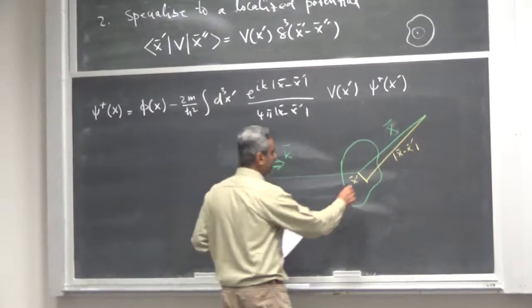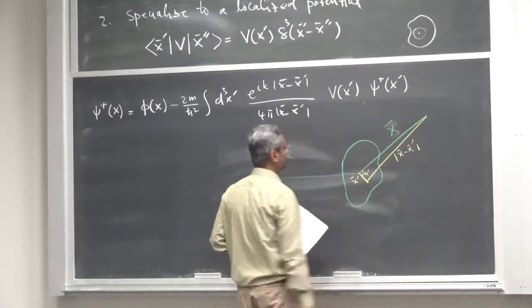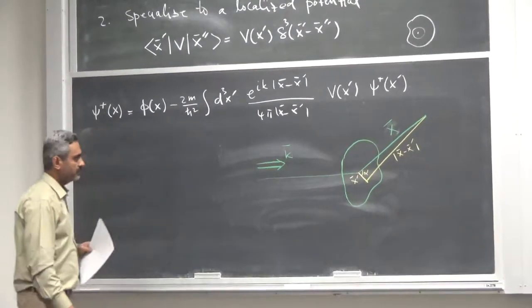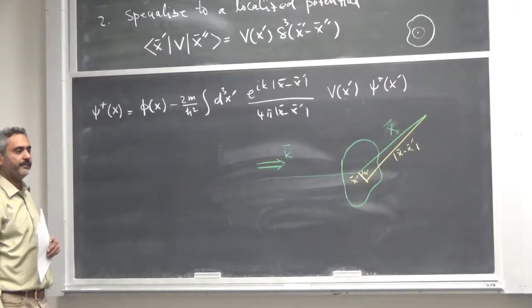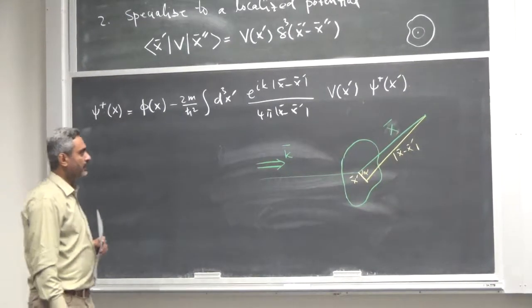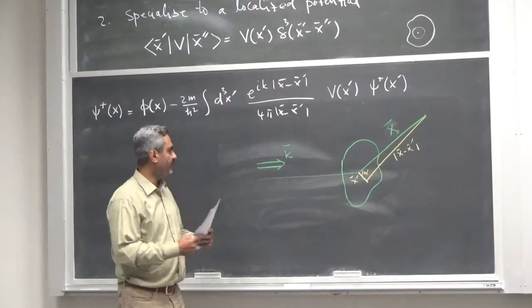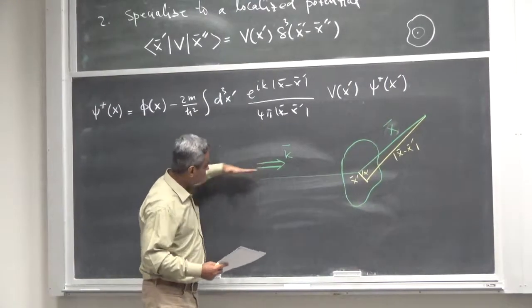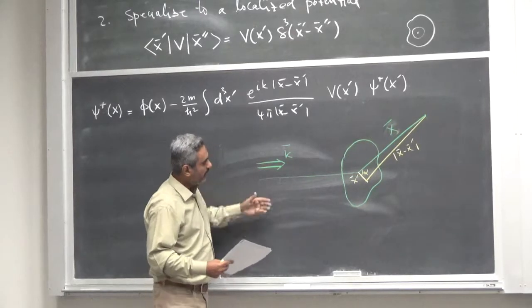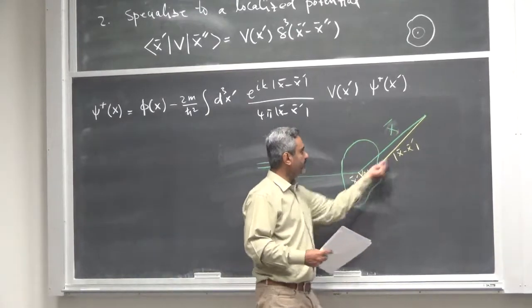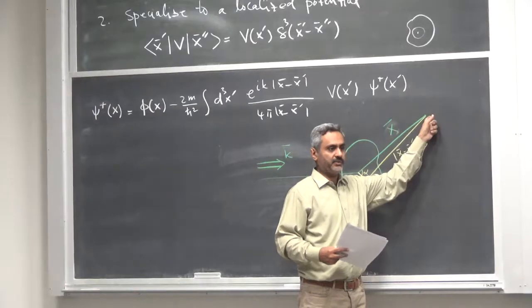And this angle, let's say, is, okay. Any questions? So basically, you have this vector space like this, right? And you are scattered at some point, and you go into this direction and end up at this point, right?